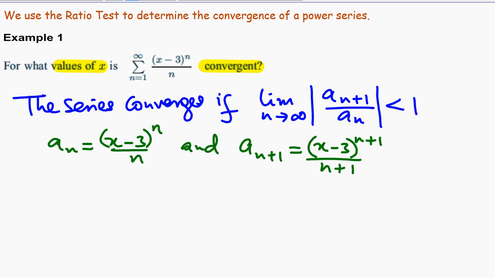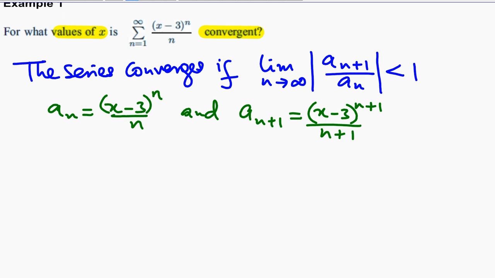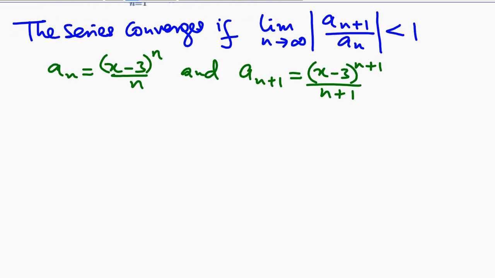And then we can carry on to find the limit. So the limit as n approaches infinity of the absolute value of x minus 3.